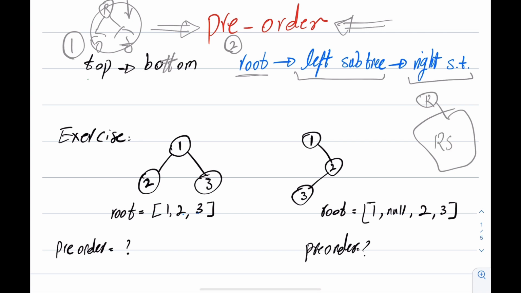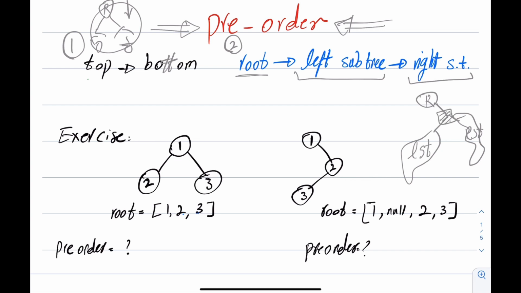But the right subtree has a left subtree of its own and a right subtree of its own. When you come here, you cover this node and then you cover the whole left subtree of this node before moving to the right subtree of this node. I hope it's clear, but we'll do some examples.